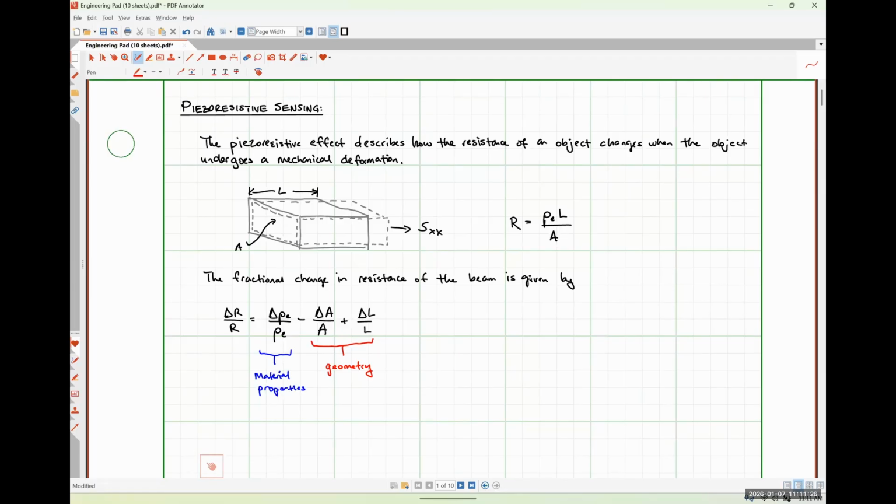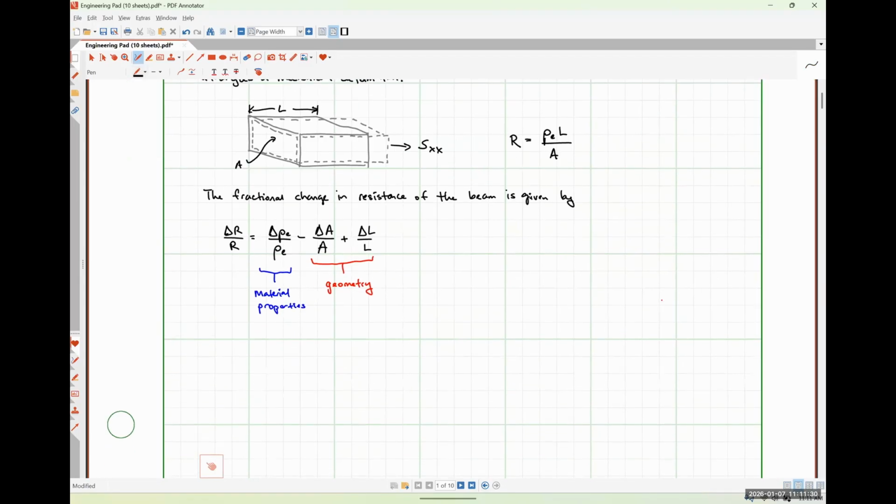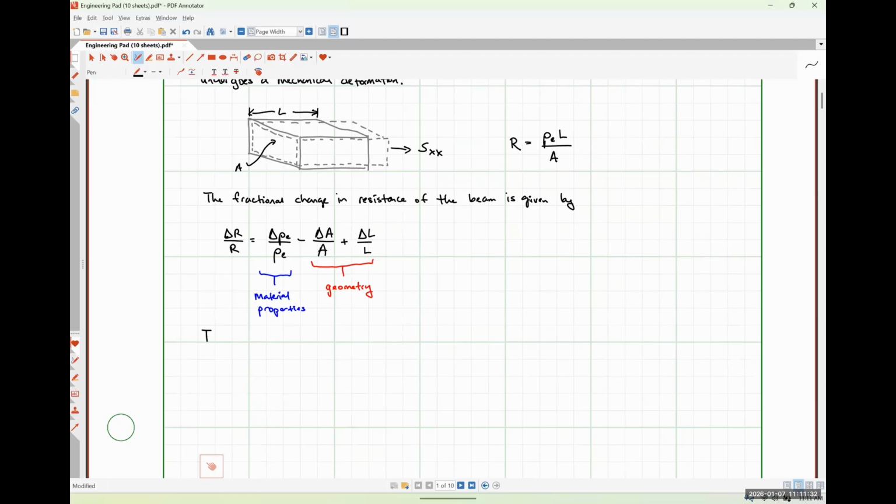We are going to define a piezoresistance coefficient. We're going to use pi, and it'll typically have some subscripts on it as well, which we'll introduce in a moment.